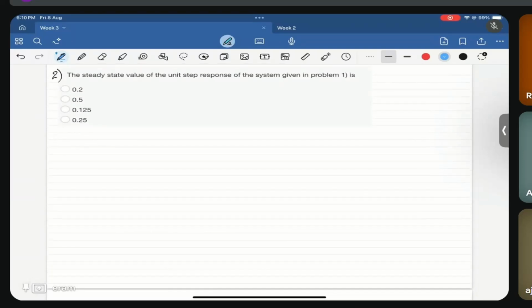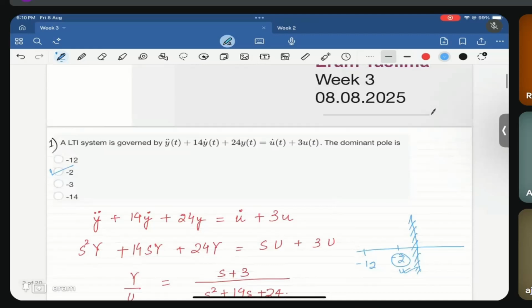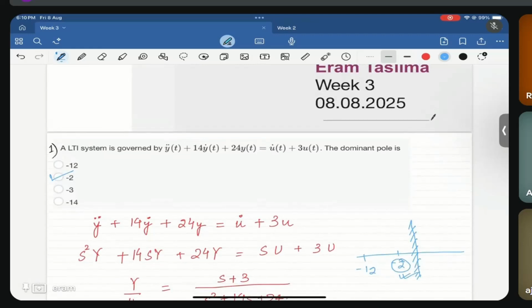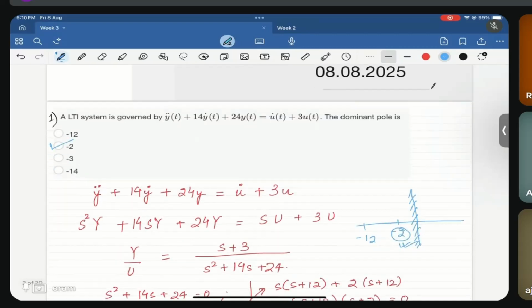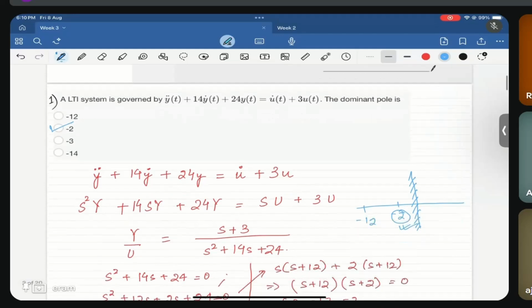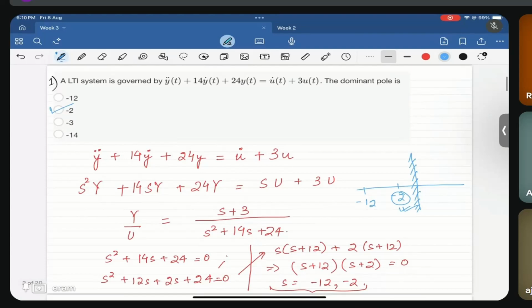Now for question number 1, you have to find out the steady state value of the step response. You can first note this question, and for this one you have to find the steady state value of the step response. We have already identified the transfer function. So you have to give the step input and then find the steady state value.